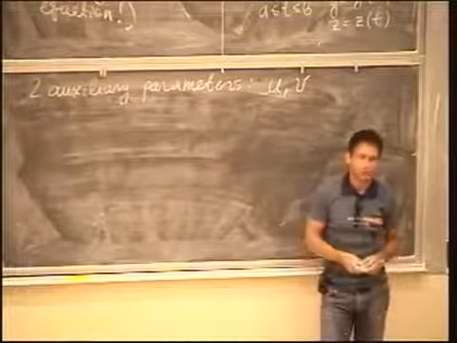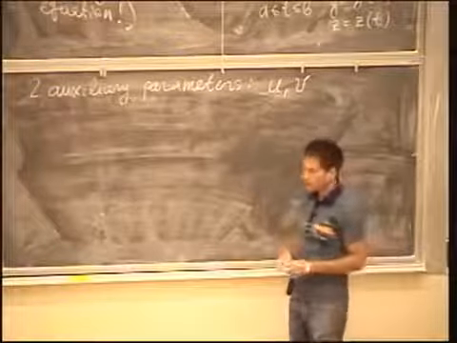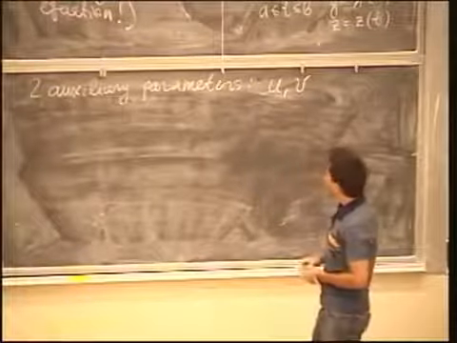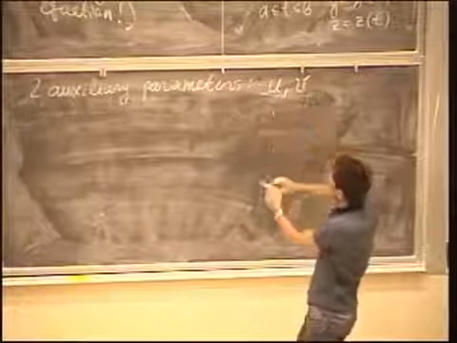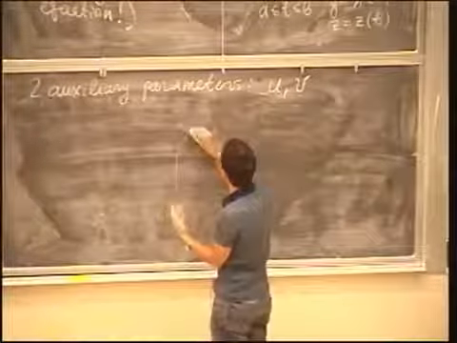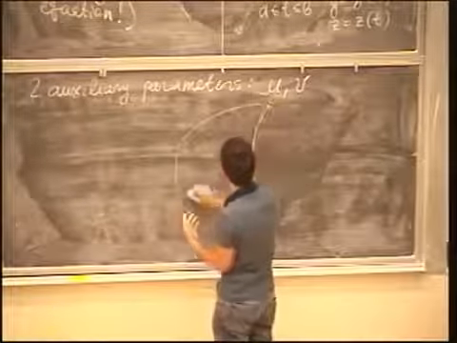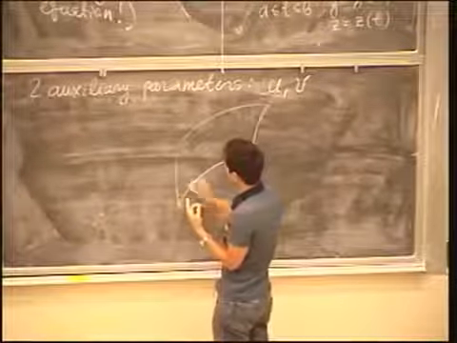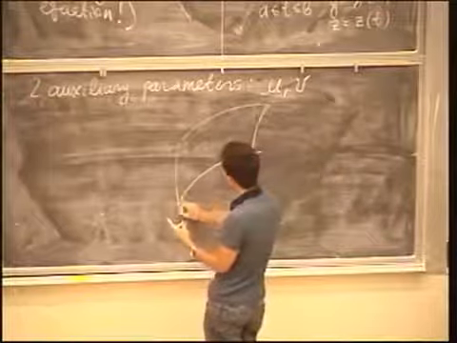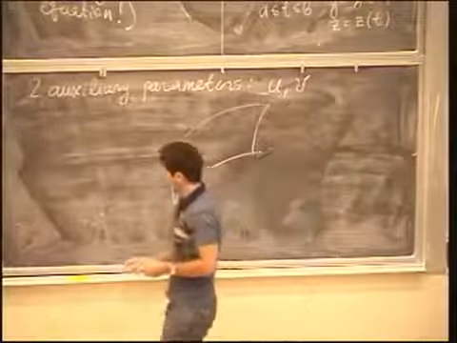You can choose whatever letters you like. U and V. And we will try to identify this piece of a curved surface in a three-dimensional space like this with a flat domain in a two-dimensional space of these two parameters.